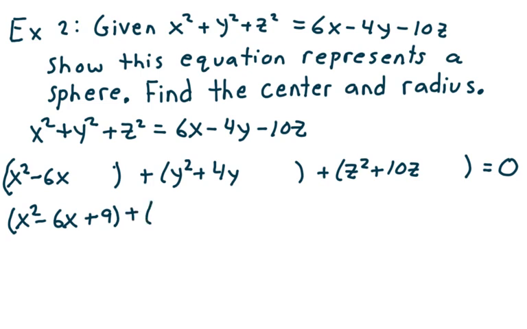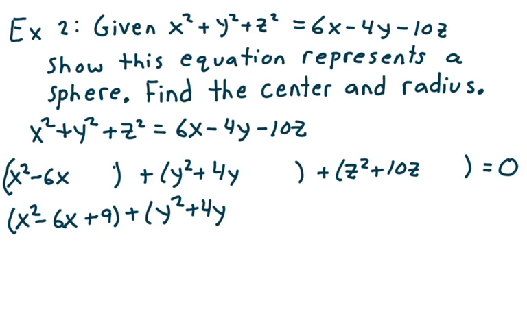And then I'm going to go to y squared plus 4y, right? So in other words, I have x squared minus 6x plus 9 plus y squared plus 4y, and I'm asking myself the same question. What do I need to add to y squared plus 4y to get a perfect square?